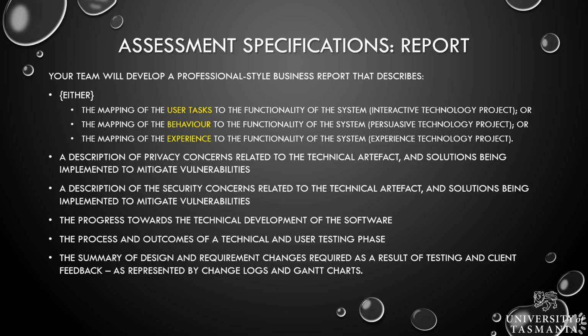As we did in Agile 1, we're also going to be talking about the outcomes of our technical and user testing phase. So you're going to be doing a user testing phase and a technical testing phase, and you're going to be reporting on the outcomes of those. So what has it actually shown? And then those, of course, usefully lead into, well, what has to happen now?